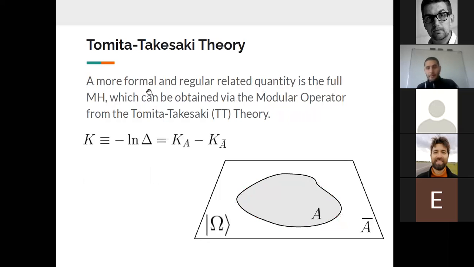A more formal and related quantity is the full modular Hamiltonian, which can be obtained via the modular operator of the Tomita-Takesaki theory, and I'm going to introduce this right now. But for a more intuitive understanding, it is essentially the modular Hamiltonian of A minus the modular Hamiltonian of A bar.